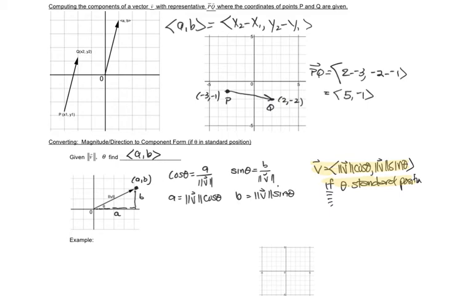Okay? So for example, suppose I told you that we had a vector whose magnitude was 5 and whose angle theta was 30 degrees.